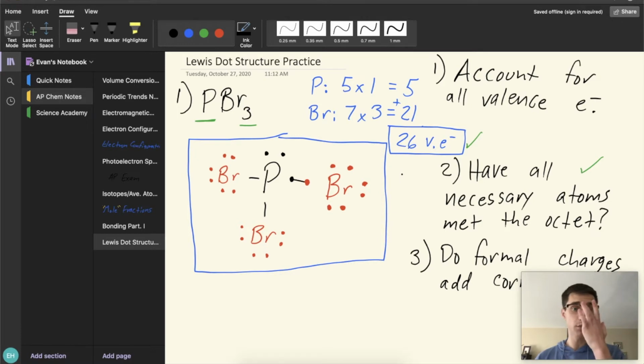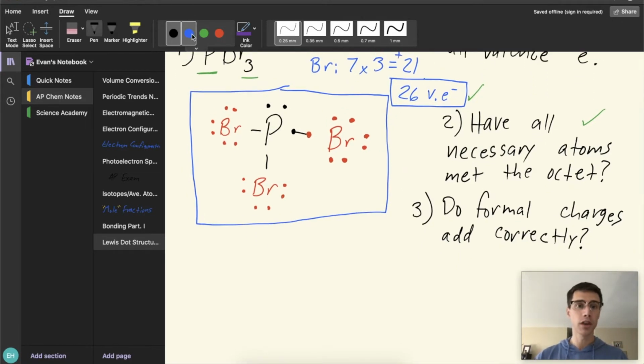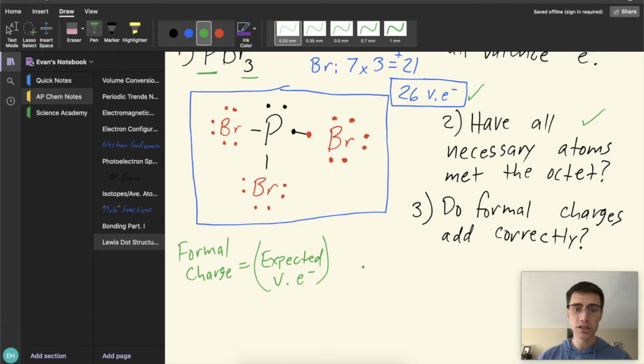And we will look at an example like that before we're done today. But in this case, because formal charges are calculated by formal charge equals the expected valence electrons, so expected valence electrons minus the actual valence electrons. Now, this is where people get confused between talking about formal charges and talking about the octet, okay?